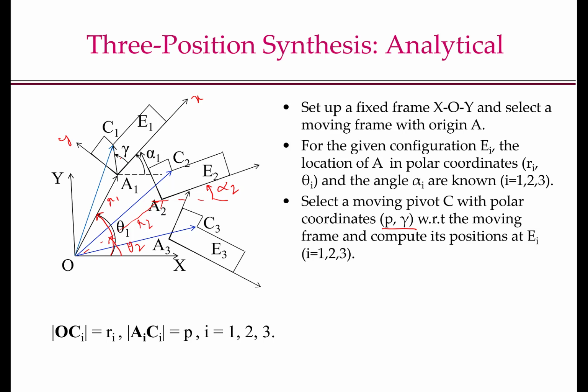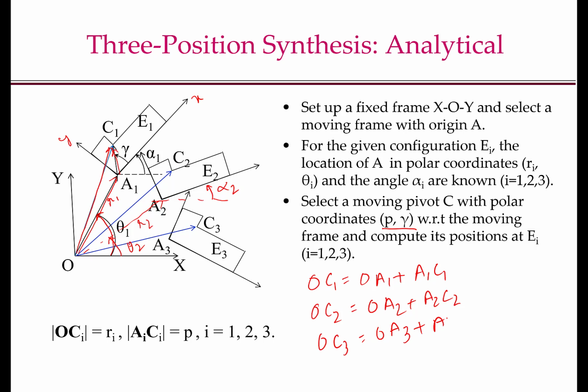And this P and gamma stays the same for each pose E1, E2 and E3. I can write OC1 equals OA1 plus A1C1. Similarly, I can write OC2 equals OA2 plus A2C2 and OC3 as OA3 plus A3C3.